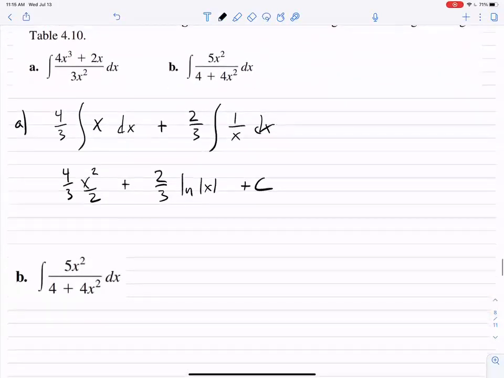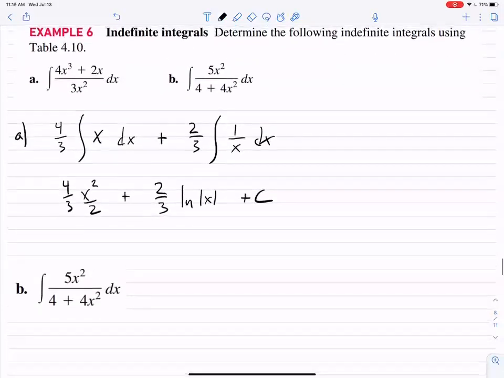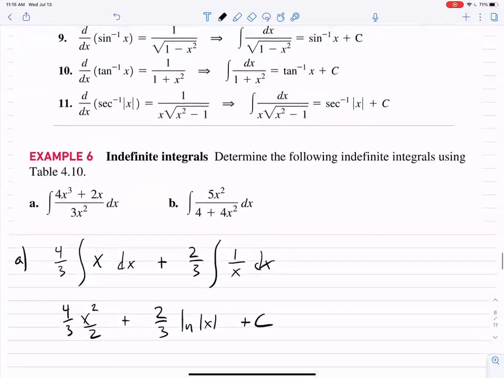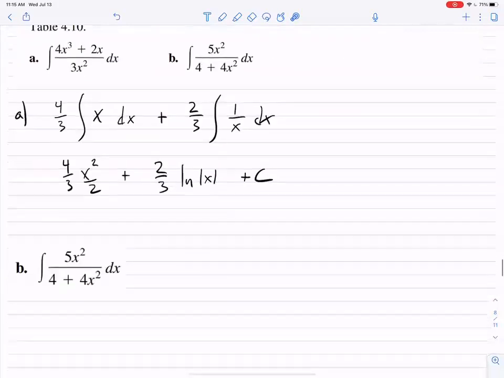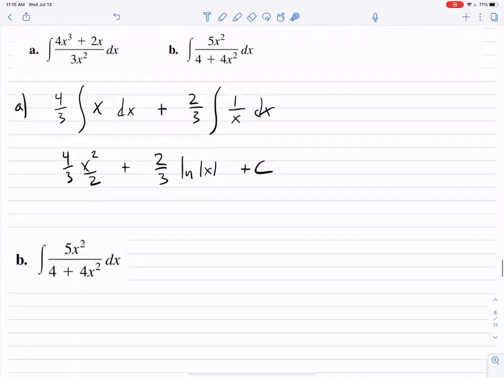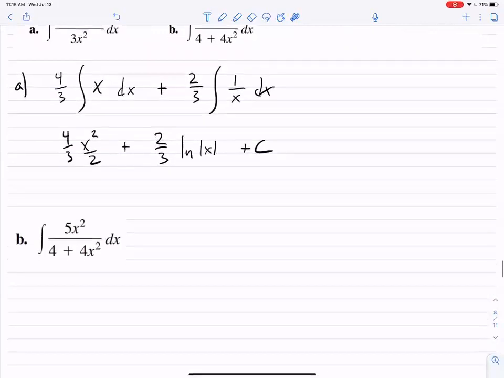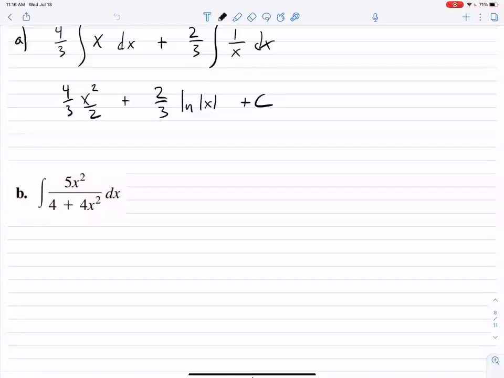To do this one, it looks like it will match the tangent inverse, perhaps. So this one's actually pretty tricky. So what we're going to do is what's called long division, because that term matches that term.